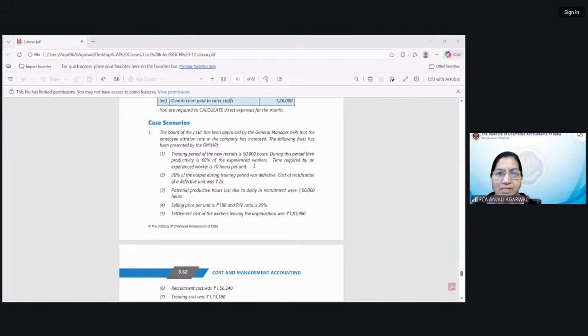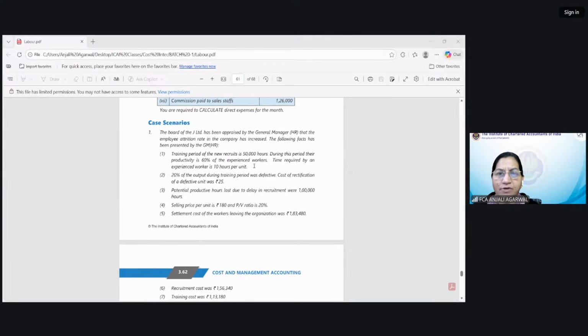So the first point says 50,000 hours were during the training period. And in the training period, the workers were 60% productive. From these two lines, we can make out that only 30,000 hours output was achieved and 20,000 hours are lost.